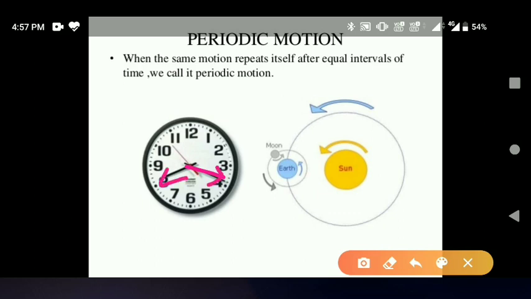So these are examples of periodic motion. When the same motion repeats itself after an equal interval of time, we call it periodic motion. Earth around sun, earth around its own axis, and moon around earth, all are examples of periodic motion.